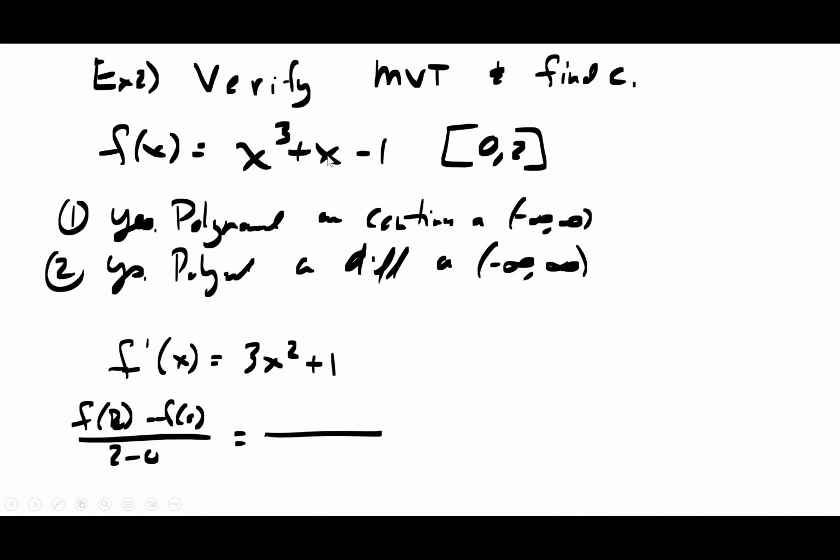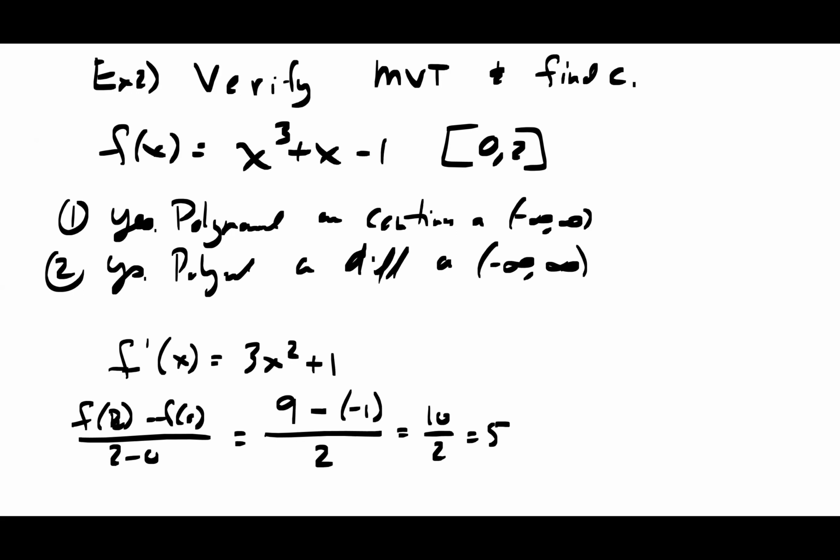Plugging 2 into this function gives us a 9, that's 8 plus 2 minus 1. If I plug in a 0, I'm going to get a negative 1 out of this. And it'll be 2 minus 0 on the bottom. Subtracting a negative is the same thing as adding a positive. So it'll be 10. 10 divided by 2 is a 9, and done. Actually, no, not done. It's 5. 10 divided by 2 is 5.